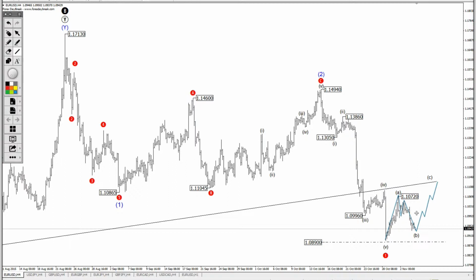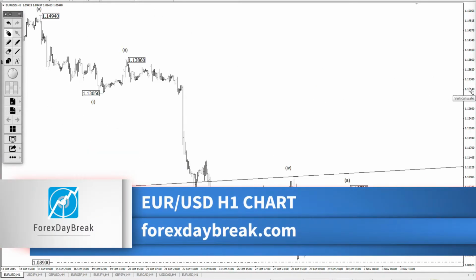I actually have a buy stop order at 109.75 and I'm going to keep this and look for a possible upwards move and trigger that buy order to take advantage of this possible C wave upwards 5-wave structure towards the 111.4, 111.5 level.